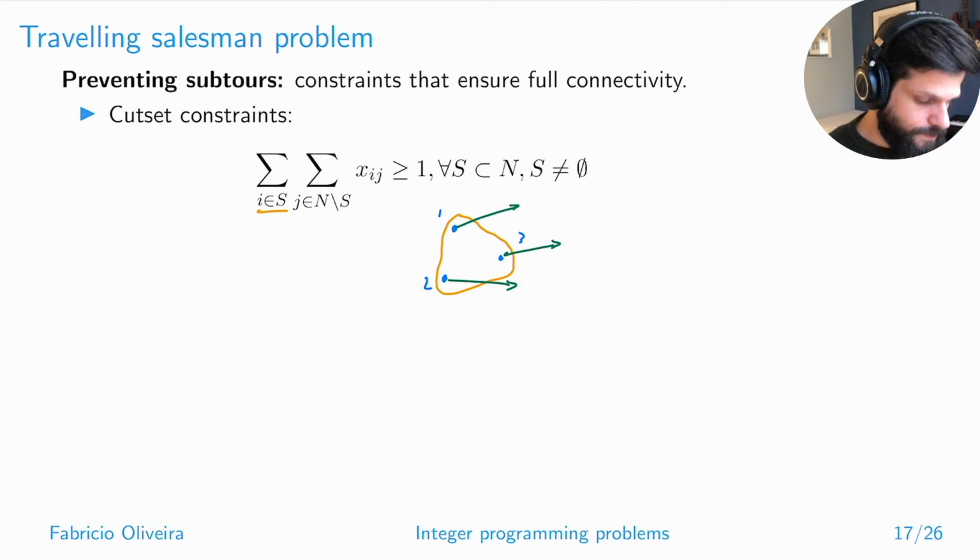At least one. That would break an initial subtour that you would have here.